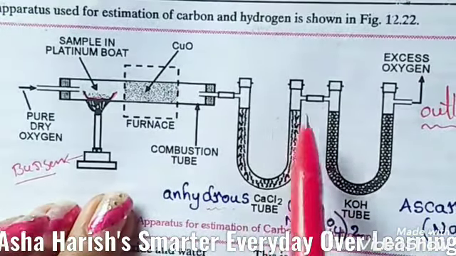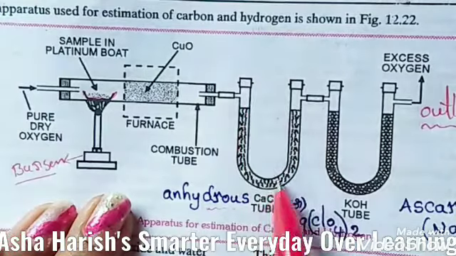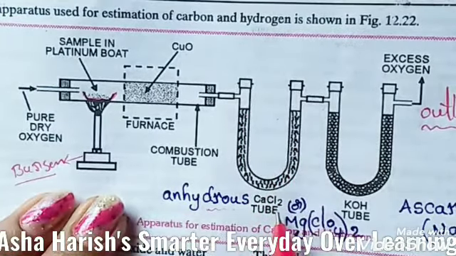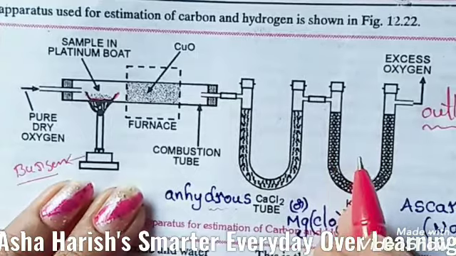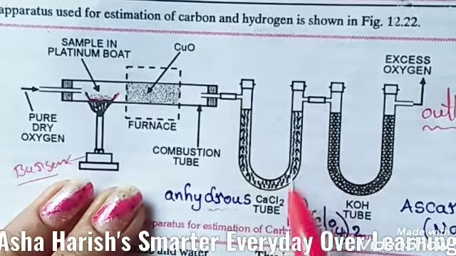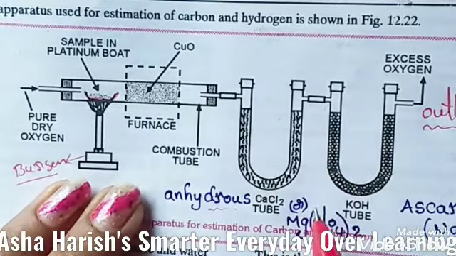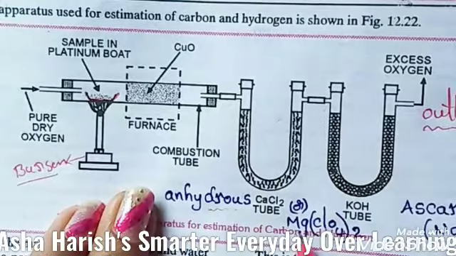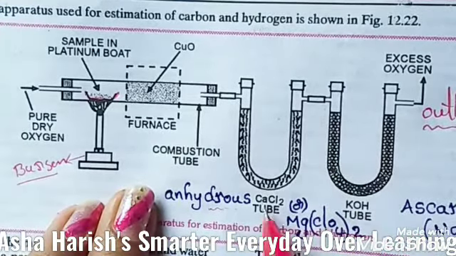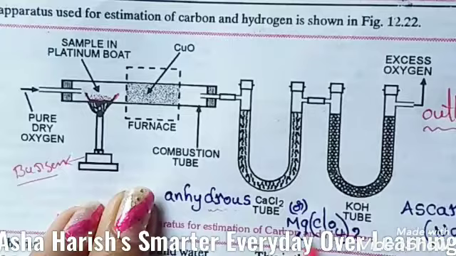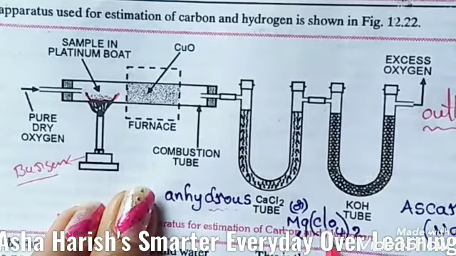If any moisture is present in the substance, this anhydrous calcium chloride will absorb that complete moisture. If you take magnesium perchlorate, the same function as calcium chloride is shown by the magnesium perchlorate also.